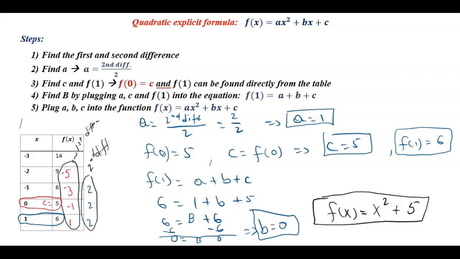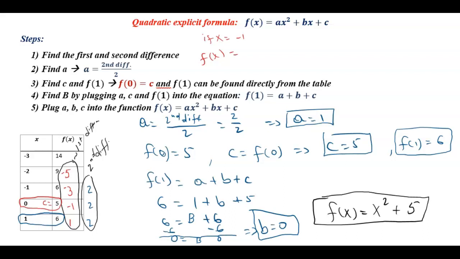Now we can go ahead and check to make sure this works. In this case, let's use -3, and then we're going to use -1. So if x equals -1, first with -1, we expect f of x to be 6.